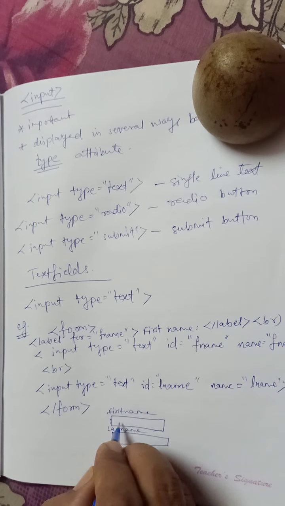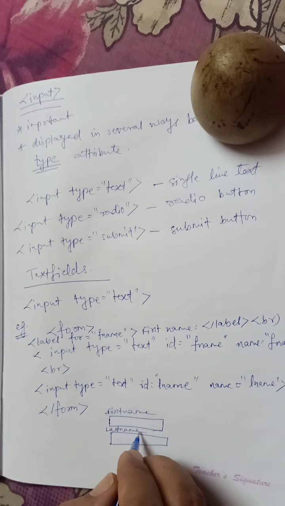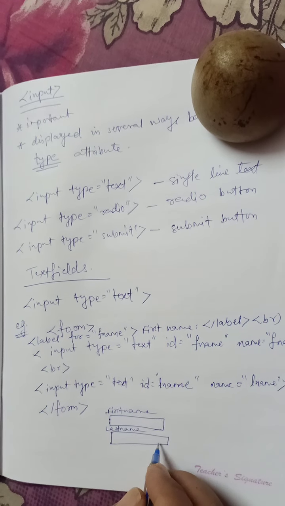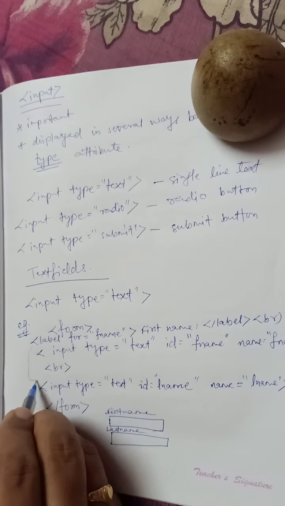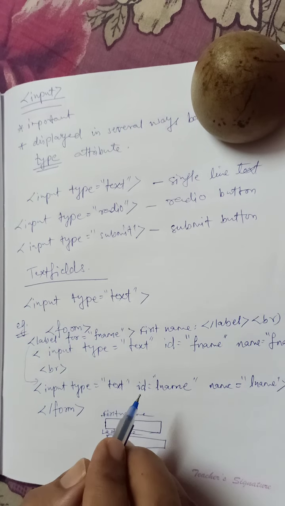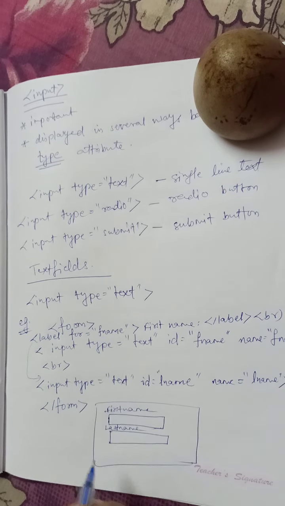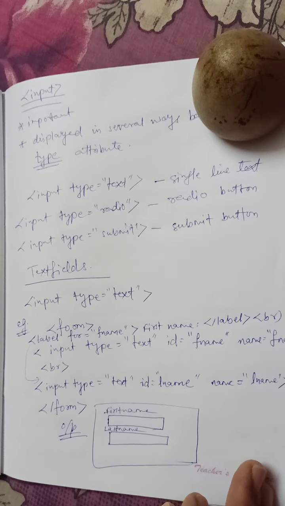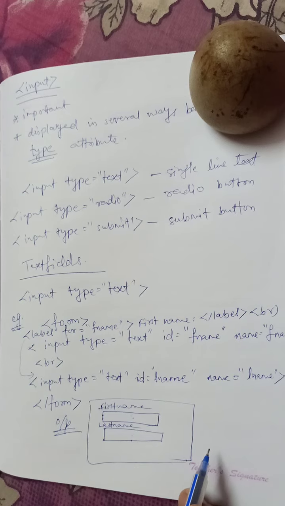In the next line my text box is designed. Then in the next line I can again put a label. Again in the next line I am having a text box. Okay, so if I want to display this last name, again the same line statement I have to write it here, only the for will be lname. That's the only difference. Okay, so this form will be my output for this much of code. So these two places are where the user will be giving the input.